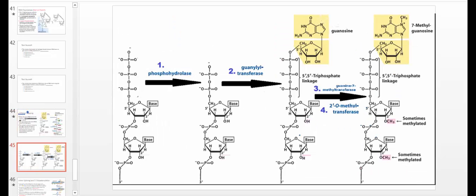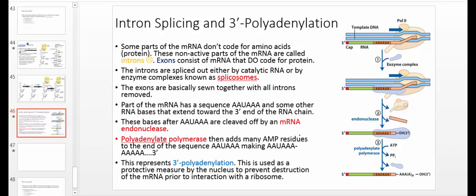The next step of what's going to happen is we're going to splice out these things called introns. These are parts of the RNA that don't code for amino acids. So we splice out the introns and effectively glue the parts that do code for amino acids together. So intron splicing, we could call that essentially step 2.